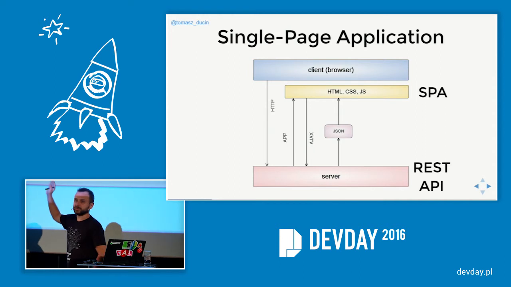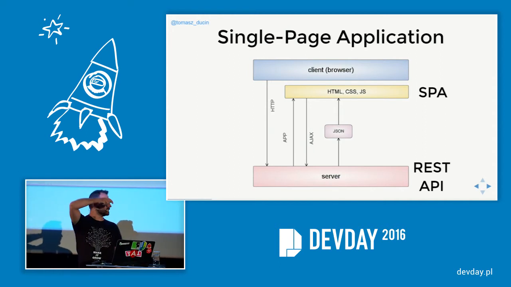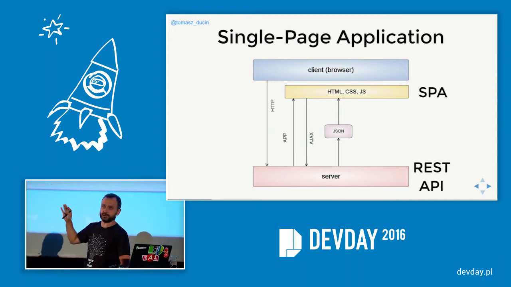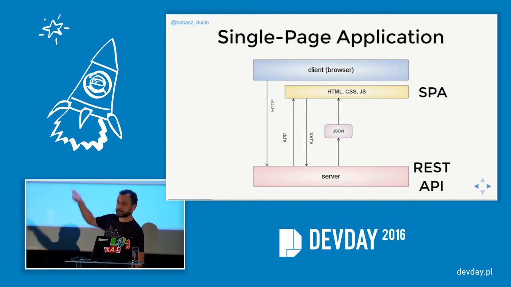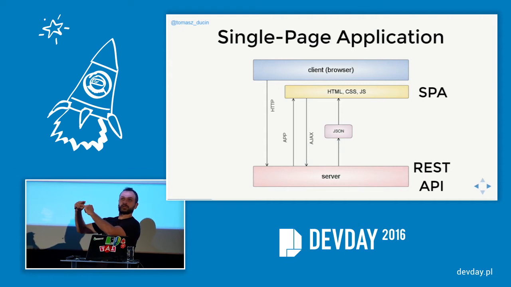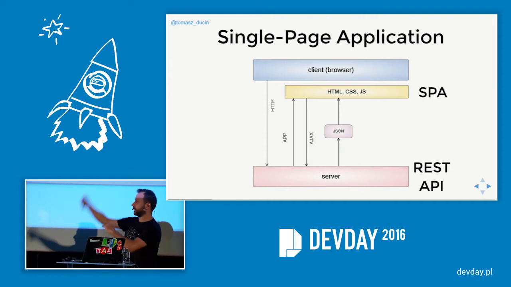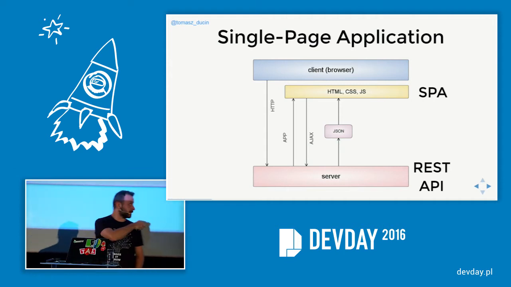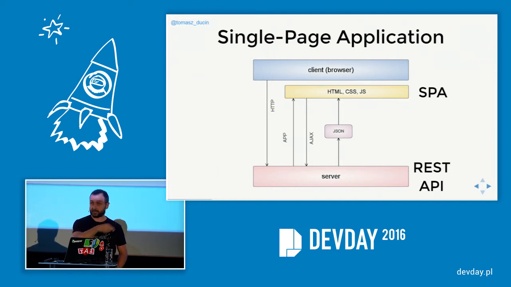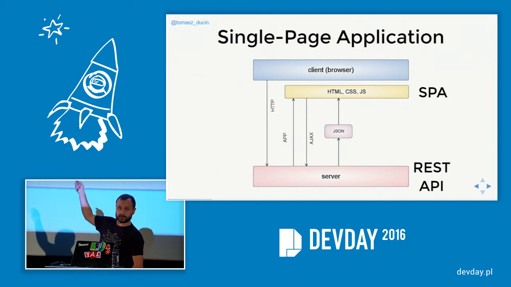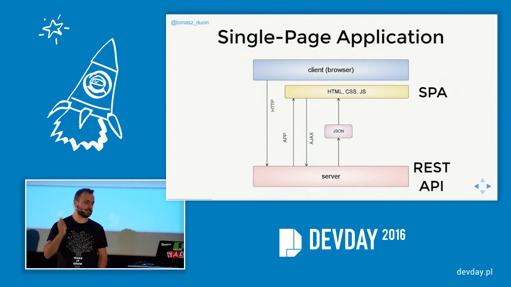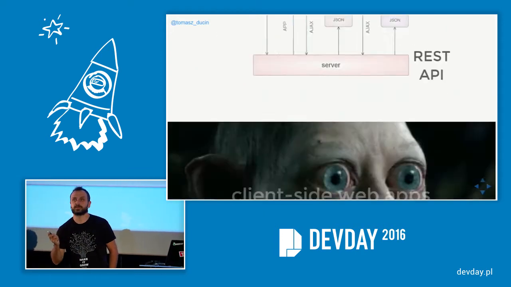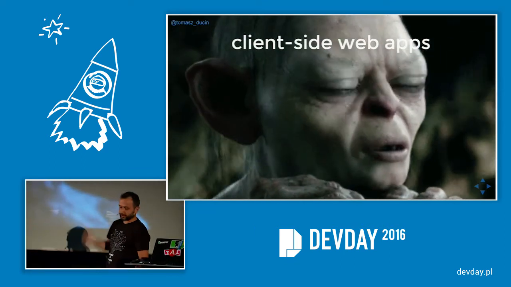Of course, it might be a different format. It doesn't have to be a REST API. It might be quasi-REST. It might be GraphQL, whatever. But basically, the idea is that there is no single application from now on. It's separated, right? The server, the REST API, is a separate application, and the client is also a separate application, right? And this solution seems to solve all the problems that we have mentioned before.